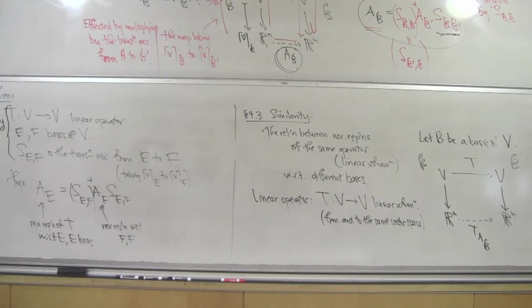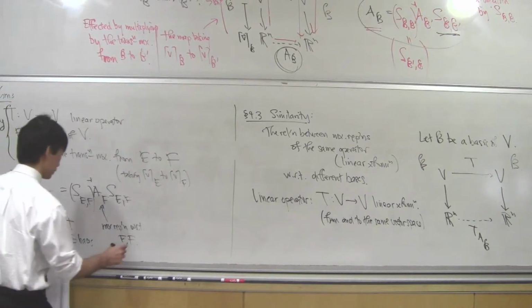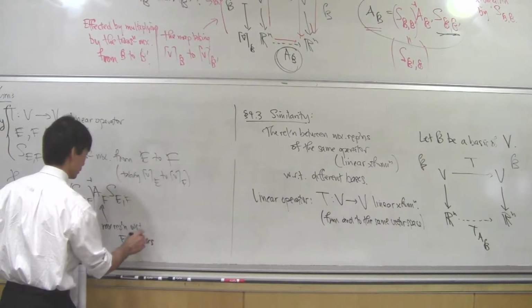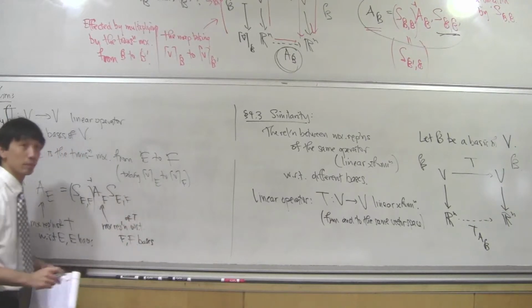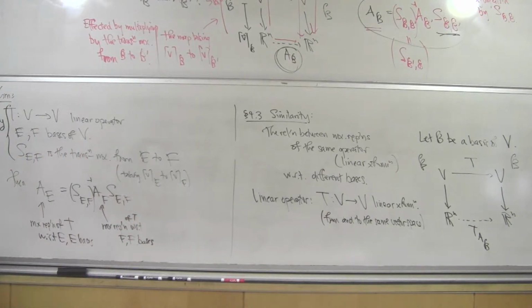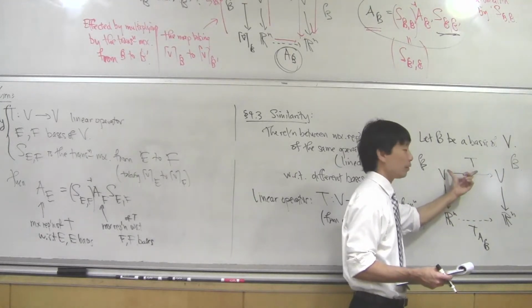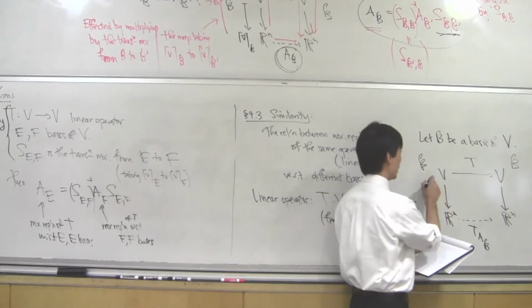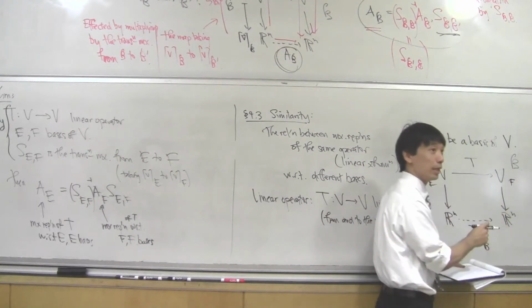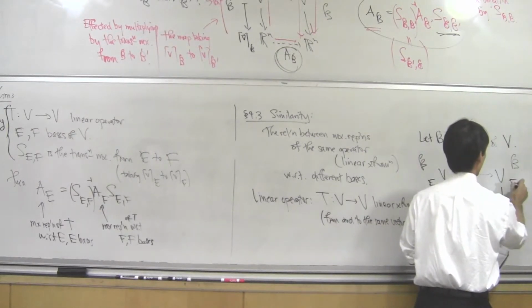For the second arrow, which says matrix representation with respect to F and F, is that the F basis? Yeah. Why is it F and F, and not with respect to F? If you want to say with respect to F, that's fine. I'm just saying F and F because when you take a matrix representation, you've got a basis on one side and a basis on the other side, but we're using the same basis.